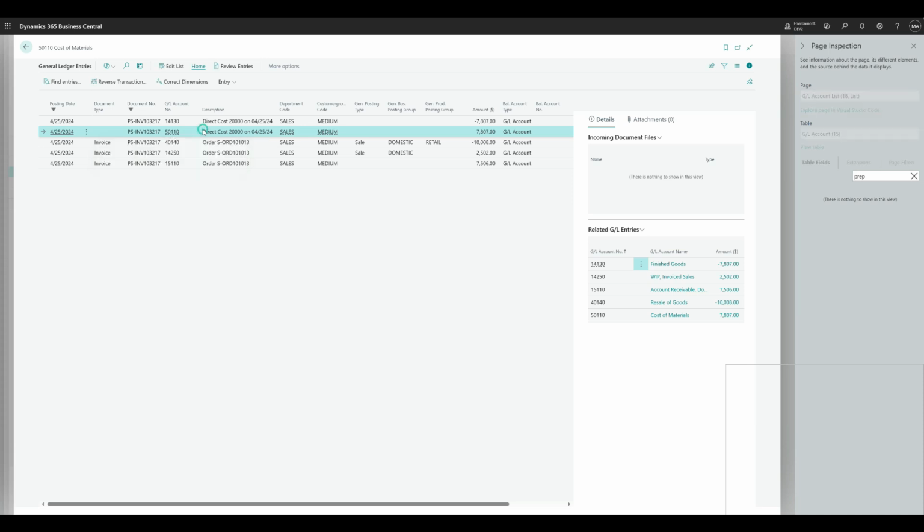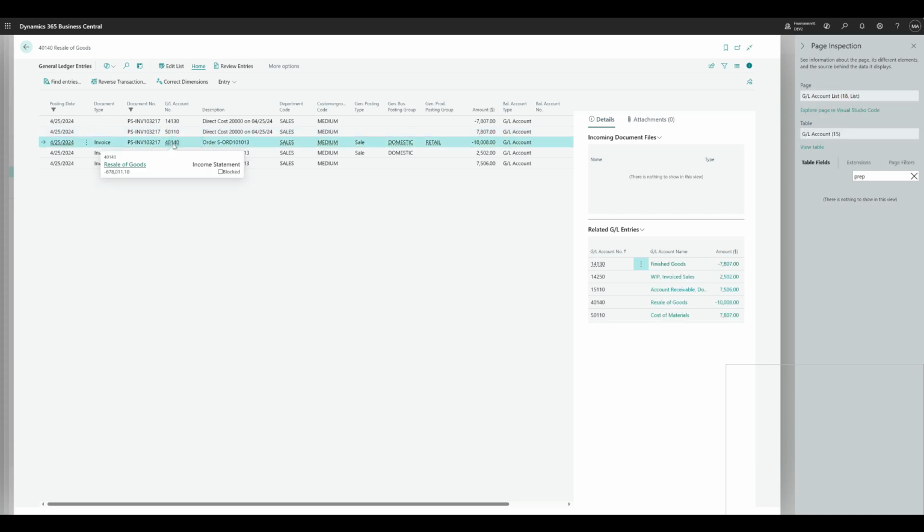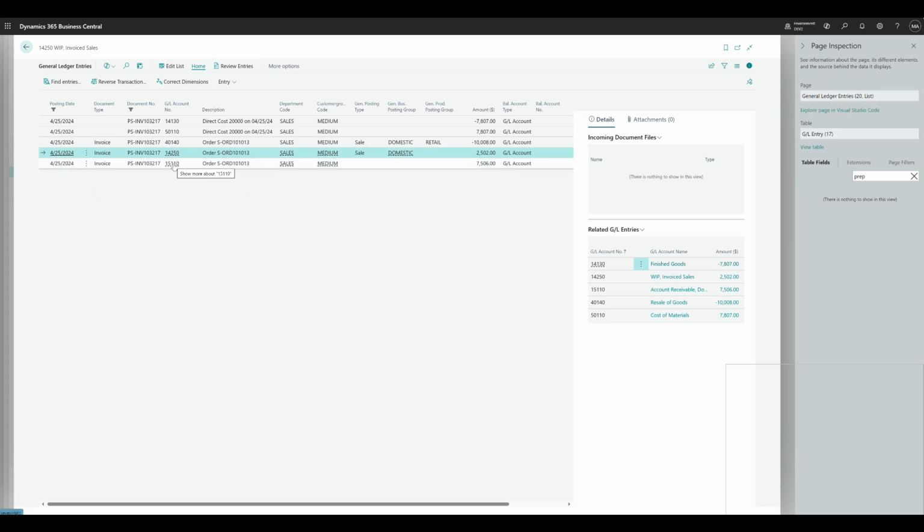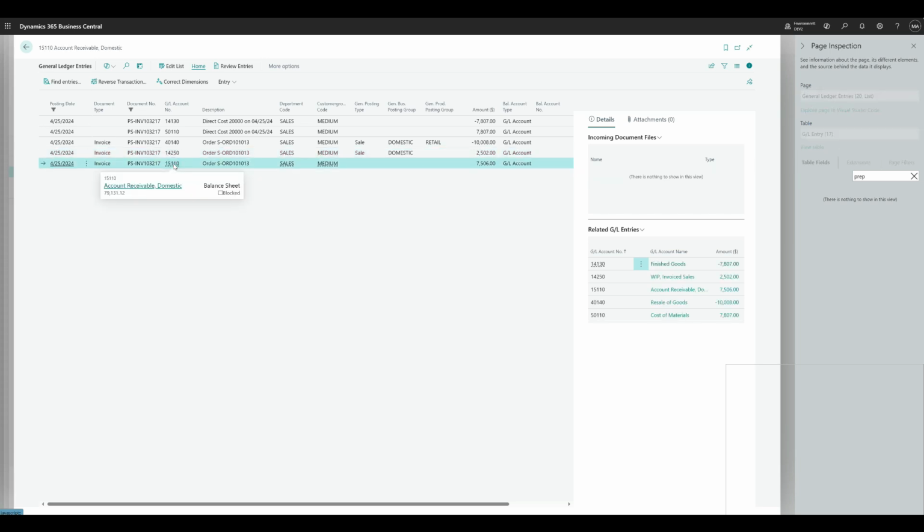We need to post the cost of those finished goods, and the invoice here is where this is the sales account for 10,000, which is offsetting the prepayment account for 2,500, and the remaining amount, which is going to go into the accounts receivable, expected to be paid quite soon by the customer.